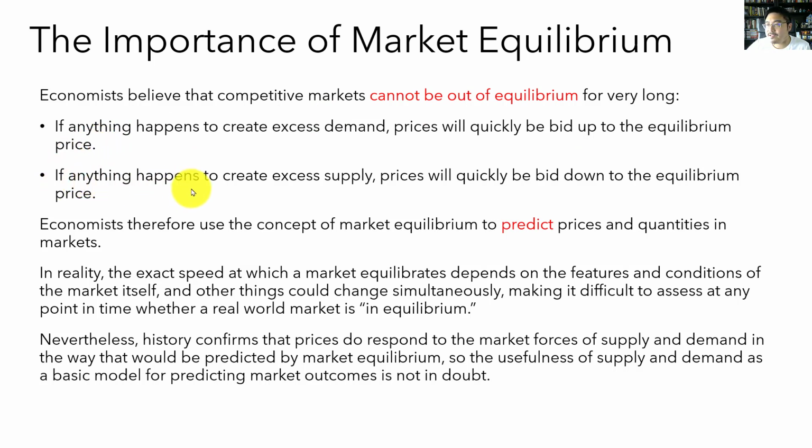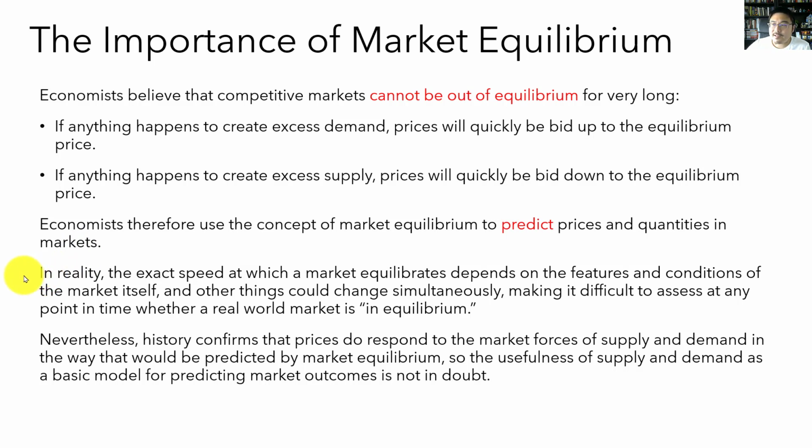And if anything happens to create excess supply, then prices will quickly be bid down to the equilibrium price. Okay, and so because economists think that markets most of the time are going to be in equilibrium or close to equilibrium, we use the concept of a market equilibrium to predict what happens to prices and quantities in markets.